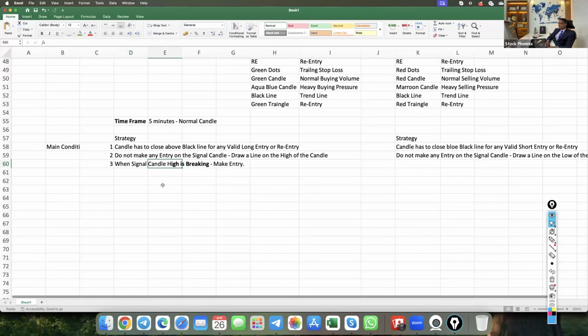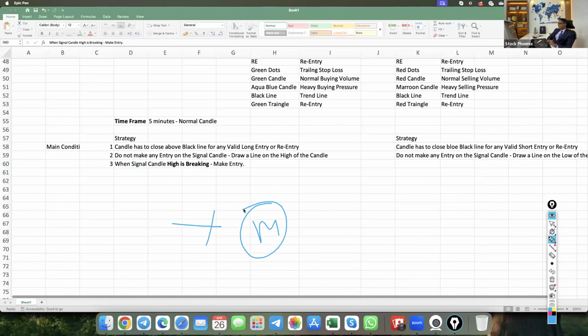Next question. If the candle is very large, Mr. Bhavesh, when the signal candle is breaking the high, make an entry. Am I clear? However different a question you ask, my answer will remain the same. Sir, if gap up, Mr. Mohammed, when the candle high is breaking, make an entry. Am I clear?